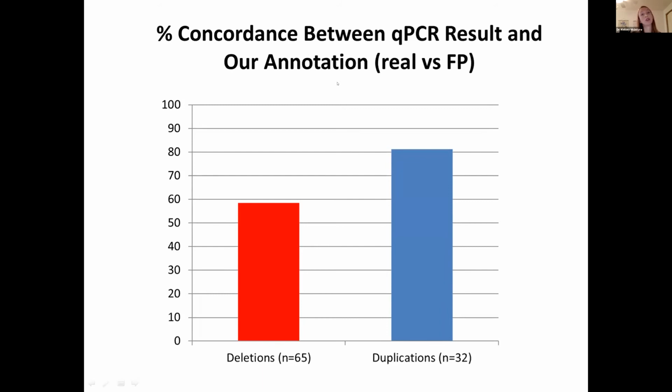So we looked at the concordance between our qPCR result and what we had annotated the call as when a person went through and looked at it using those criteria of mappability issues and LUMPY support and things like that.